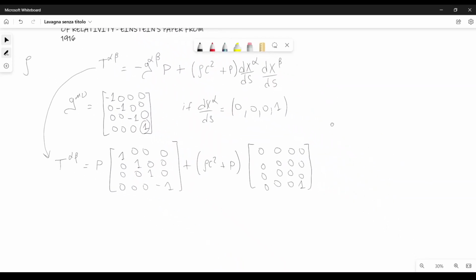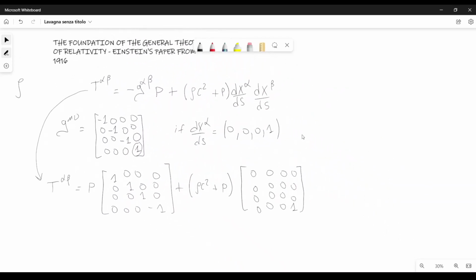So if we put these tensors together, we get just one tensor, or one matrix if you want. P, P, P on the diagonal, and then the 4, 4 entry is rho c squared, like this, and zeros out of the diagonal here, like this.